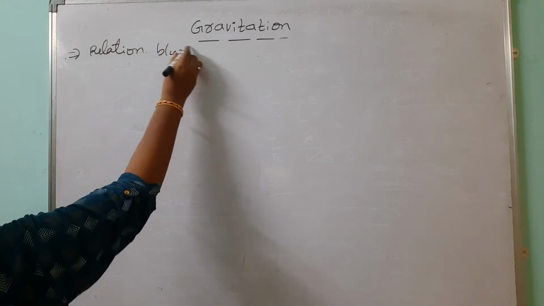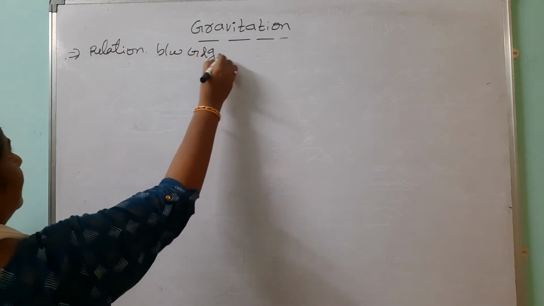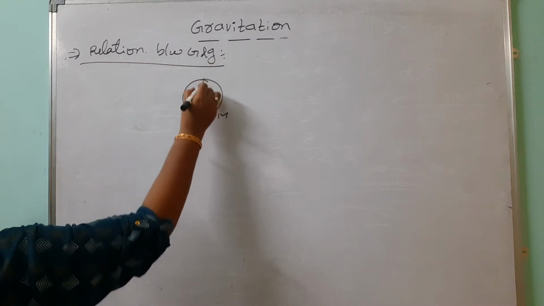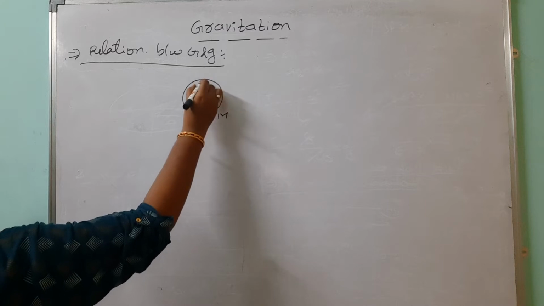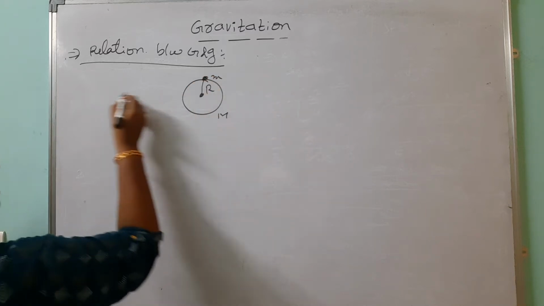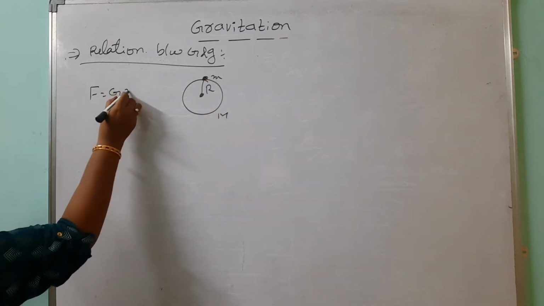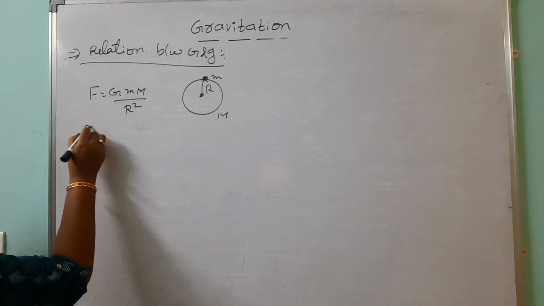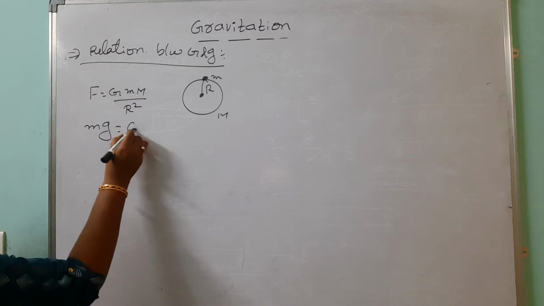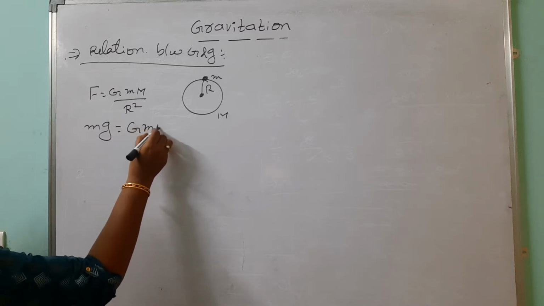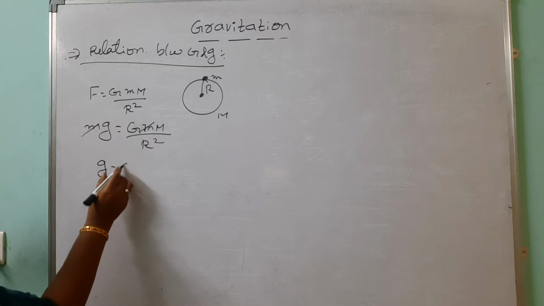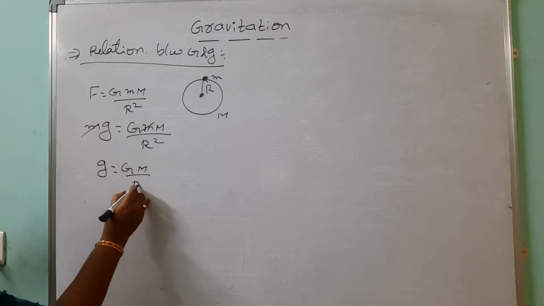See, this is the mass of the earth M and this is the radius of the earth R. You are here, your mass is m. Just now I said F equals G M m by R square. But instead of F we are taking the gravitational force, nothing but the weight of this one, or gravitational force, anything you can take. After simplification, g equals G M by R square.